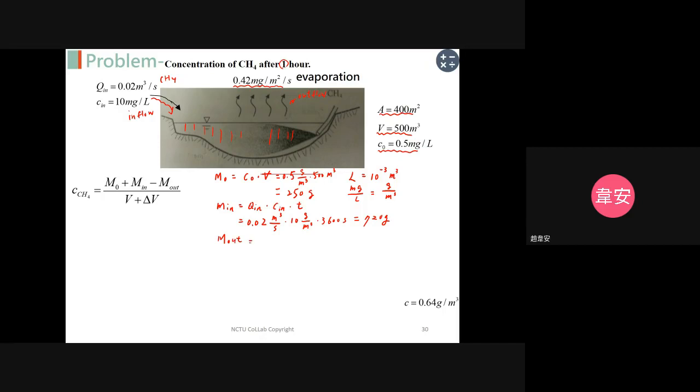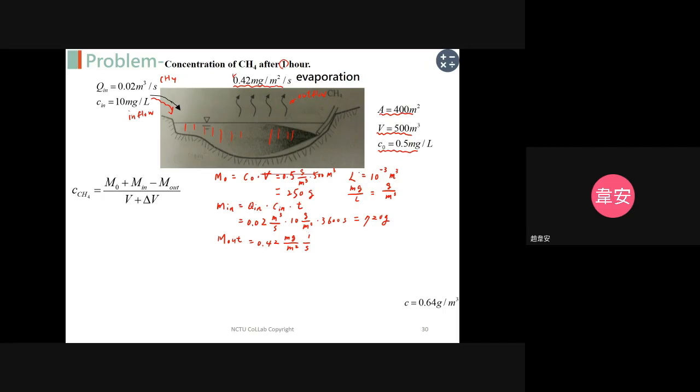What is the out? So we know that the evaporation rate is 0.02 mg divided by m square and also divided by second, over 1.